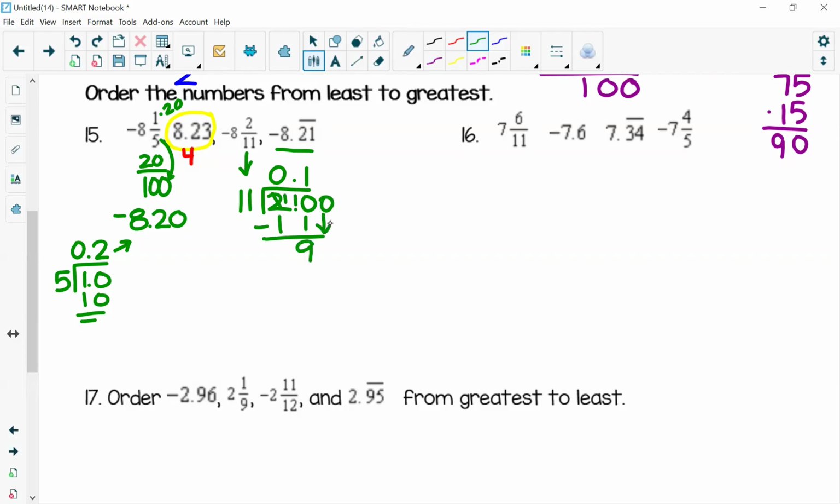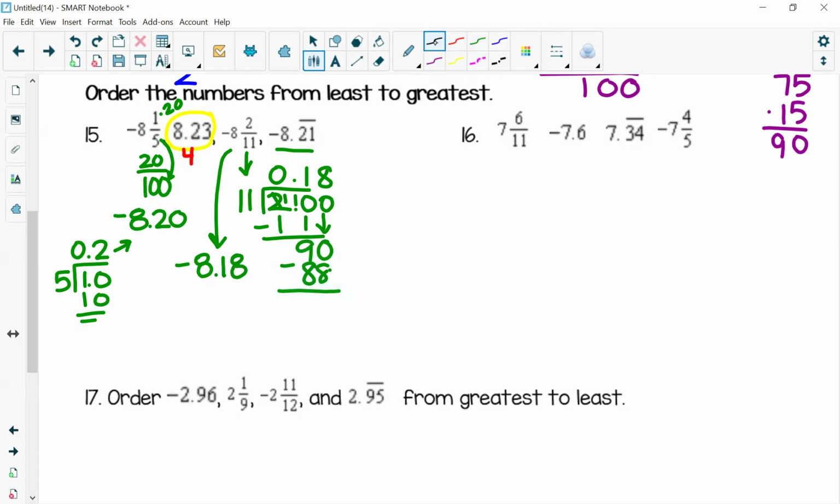Bring down that 0. 11 can go into 90 8 times, which is 88. But I'm not going to keep going on because I already have 2 numbers after the decimal. So this here would be -8 and 18 hundredths.